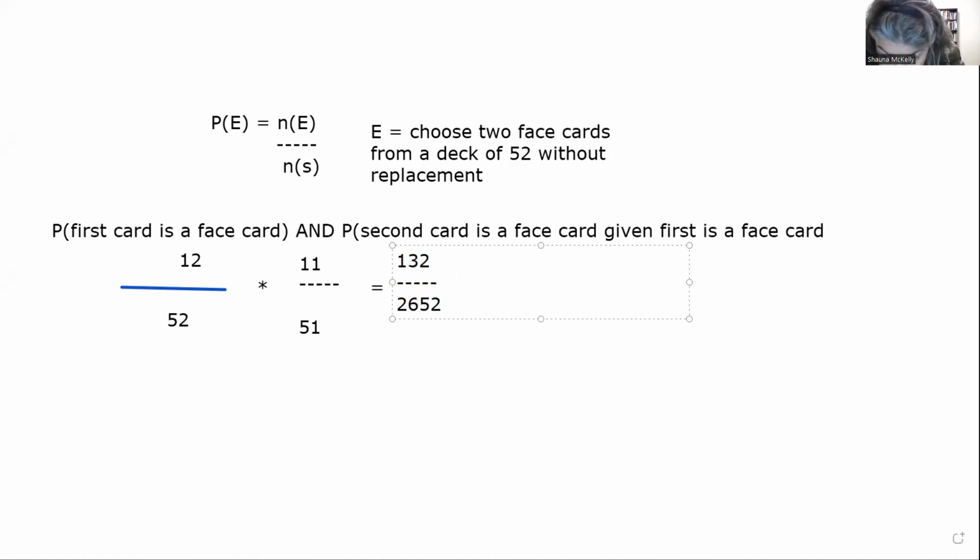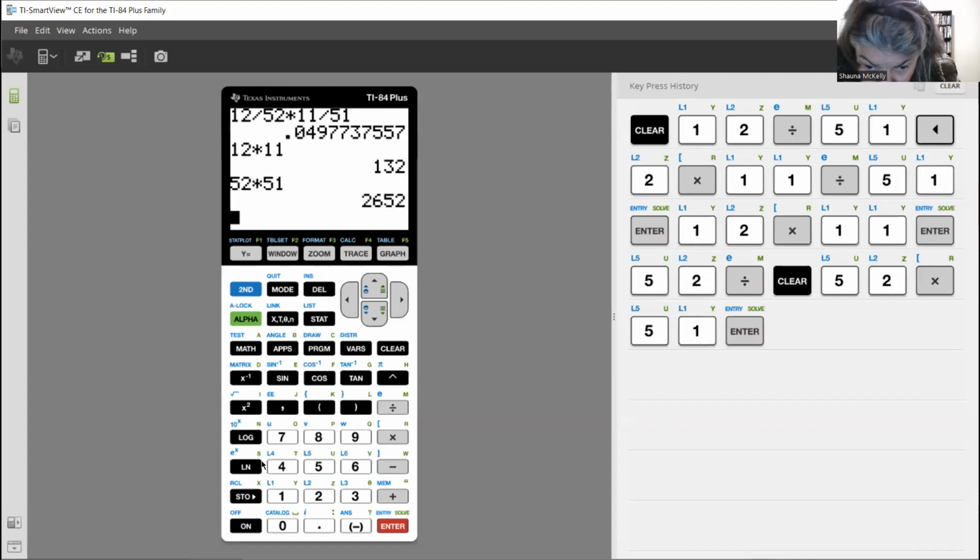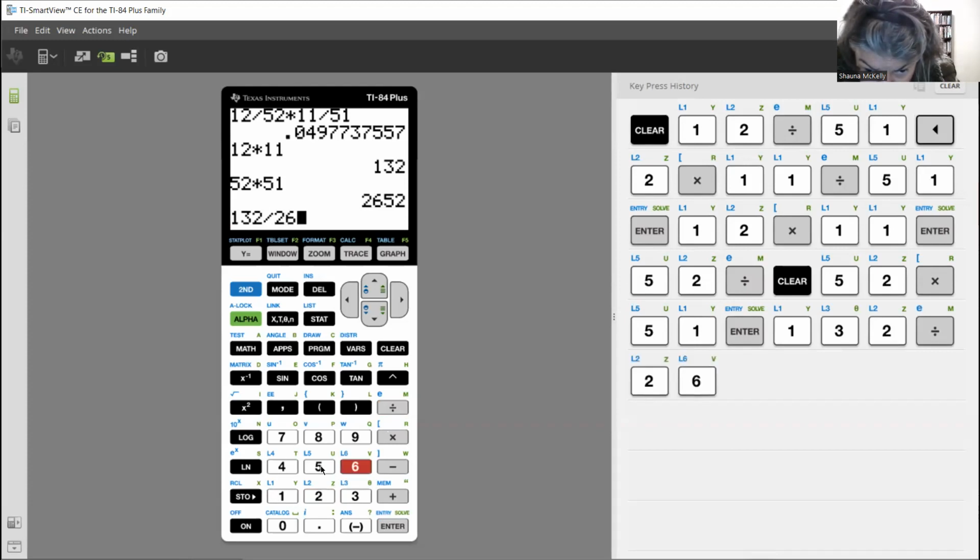Then I'd have my reduced fraction. I think you all remember how to reduce, but let me show you here. I'm going to go back to my calculator and do 132 out of 2652.